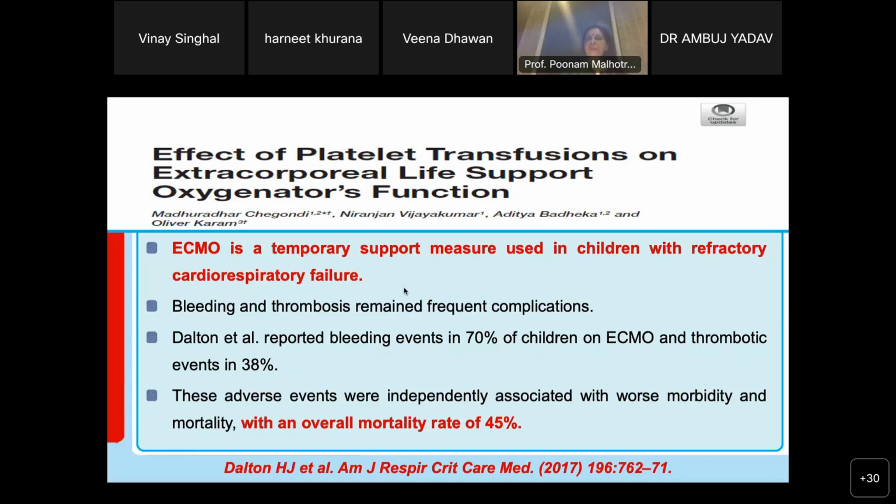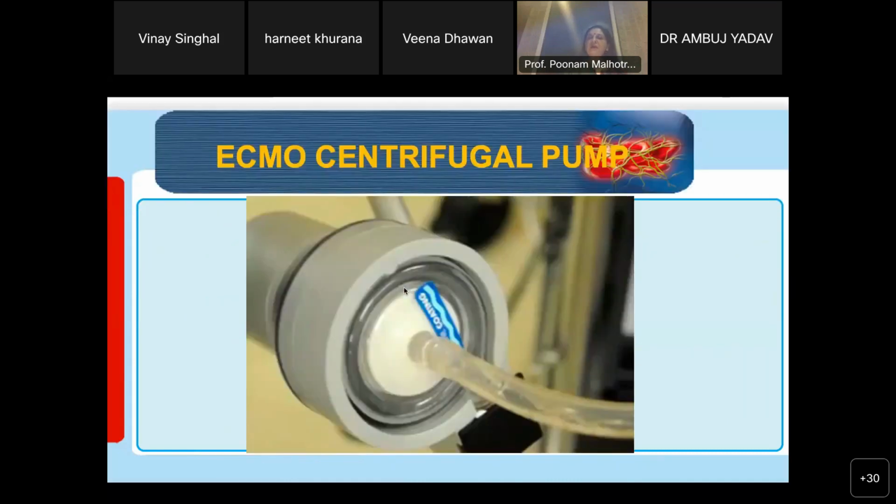Next, please. A lot of these studies coming in are talking on transfusion, but the culprit here is this centrifugal pump. The pump, which is better than a roller pump, has a high hemolysis index, and this high hemolysis index is dependent on the speed of the pump. So that's why the low flows, pulsatile ECMO flow is preferred over a higher flow, which is non-pulsatile.